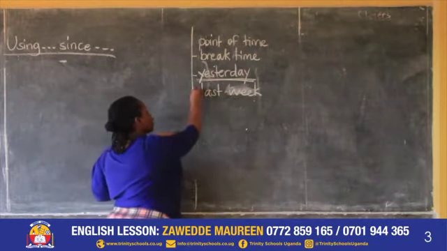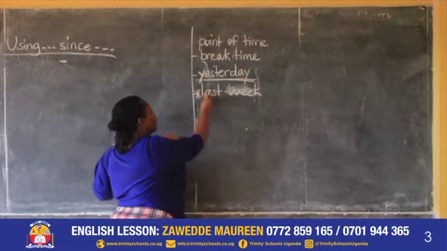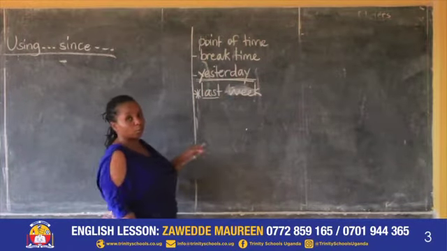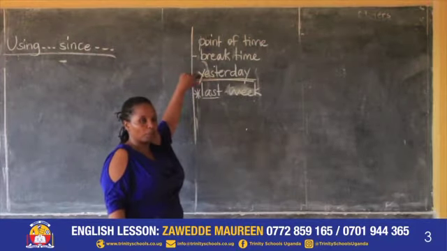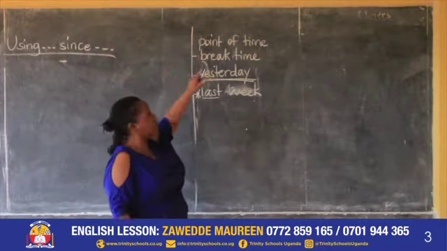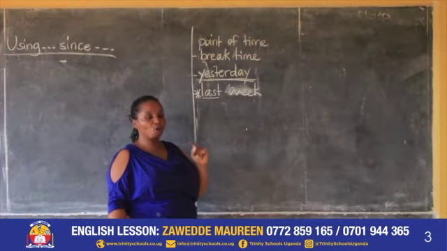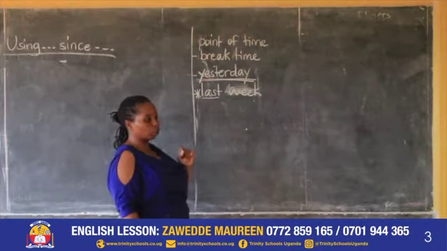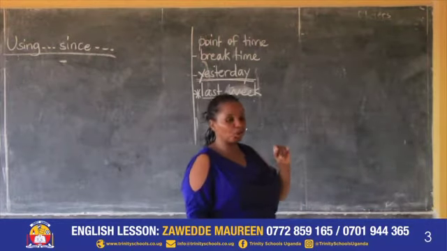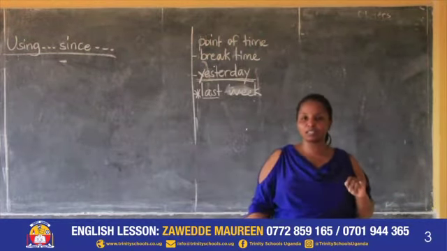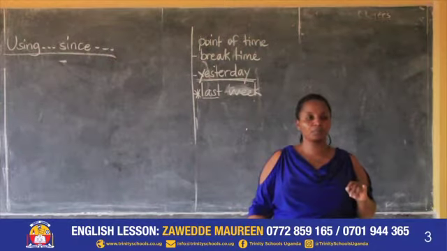So he started waiting for my reply since what? Last week. This is the point of time he started waiting for the reply. So we use since to express a point of time when an action started happening.